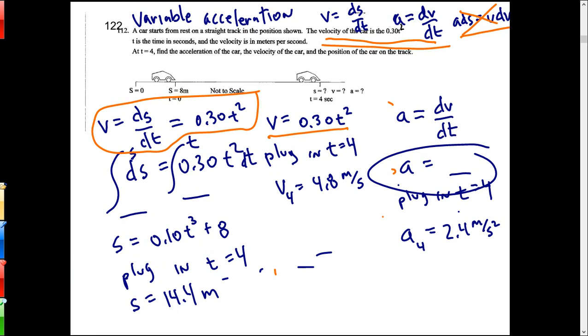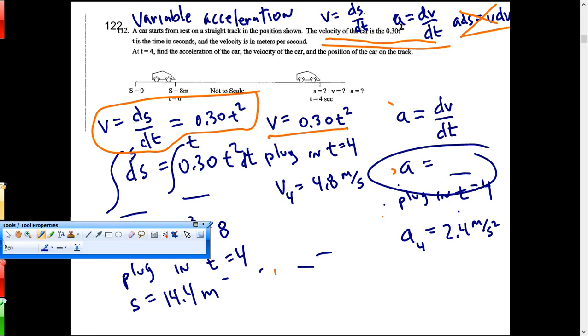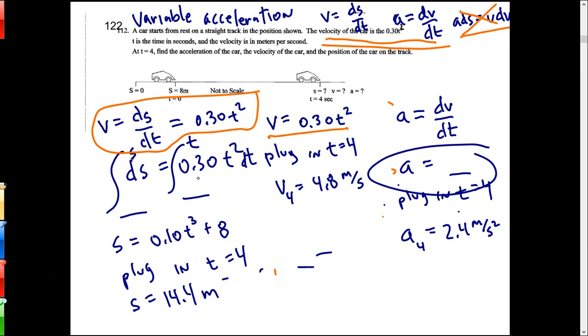That came over to the other side, just like you would do in algebra. And what I'm doing there, I'm integrating ds on the left and 0.3 t squared dt on the right. I'm matching the variable, the 0.3 t squared, with the differential, and when I do that, they both match. They're both t's. They relate to each other, so I can integrate. Okay.